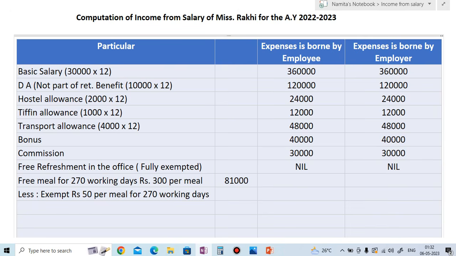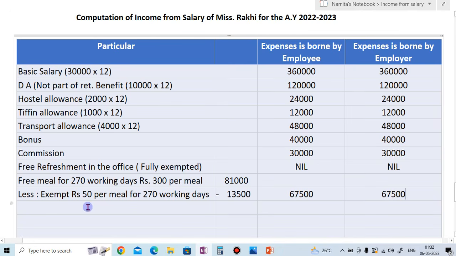So 270 multiplied by 50 will be 13,500. So less this value. 81,000 minus 13,500 in the expenses borne by the employee, right? 67,500. 67,500 in the employer's column also.